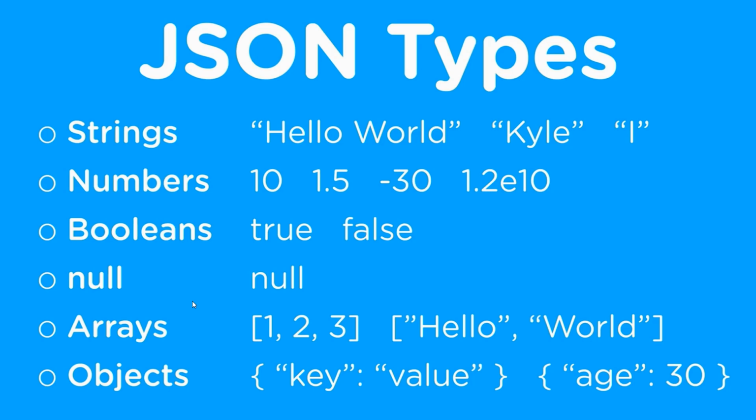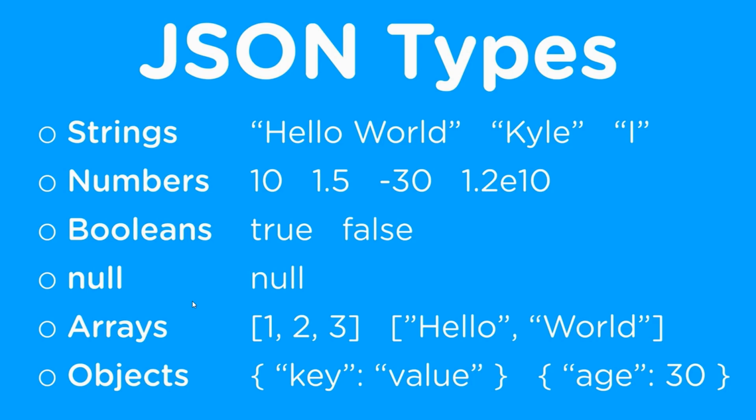So let's dive into an example of how to write JSON inside of a file. The first thing that you need to do is create a file with the .json extension at the end of it. That's .json at the end of your file, and that will create a JSON file.